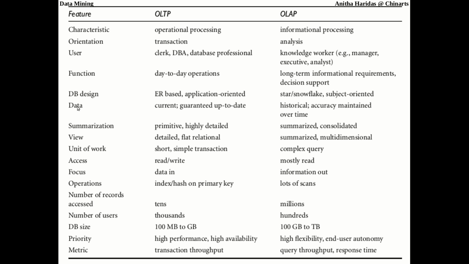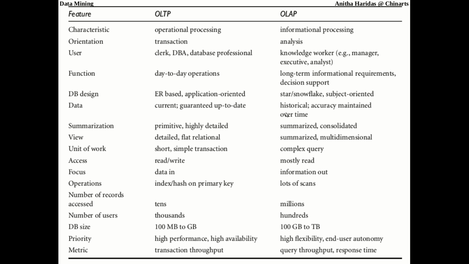And based on the data, OLTP will always have the up-to-date or current data, whereas OLAP uses historical data and the accuracy is maintained over time. When you have only 1 year or 2 years of data, your analysis may not give you an accurate result, right? Whereas if you have 10 or 20 years of data, the analysis will give you an accurate result. That is why it says accuracy is maintained over time.